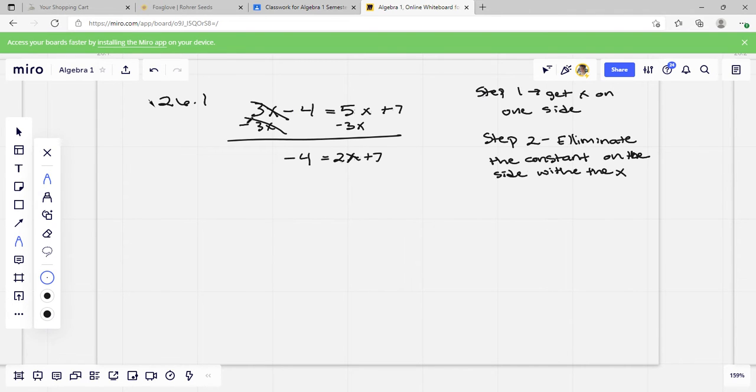The constant is just the term that doesn't have an x in it. So we have two different constants in here. This negative 4 is a constant, and that 7 is a constant, because they don't have an x or a variable on them.